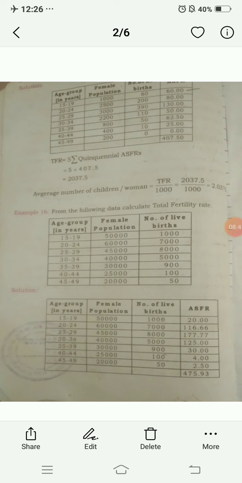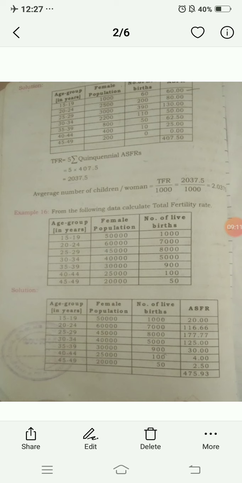Here we are dividing by 1000 because 2037.5 is the number of children for 1000 women, but we want the average number of children per woman.